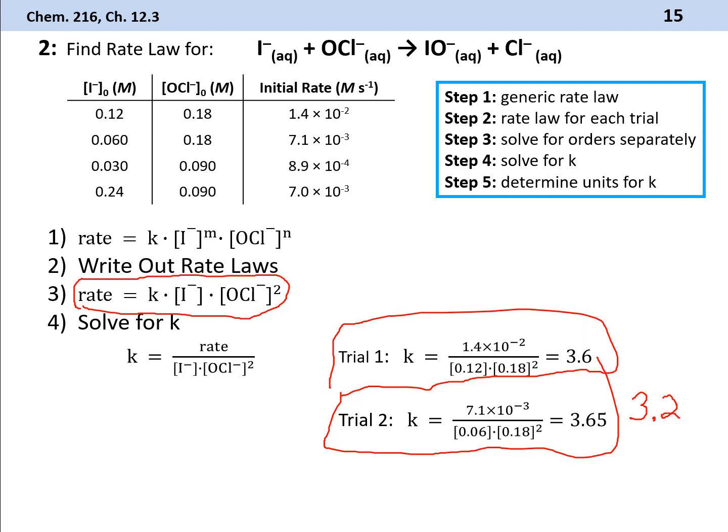If they're within a rounding error, that last digit, it's usually fine. If I got 3.6 and 3.2, then I'd go back and make sure I didn't mess something up, because that's how I can tell that I messed something up.